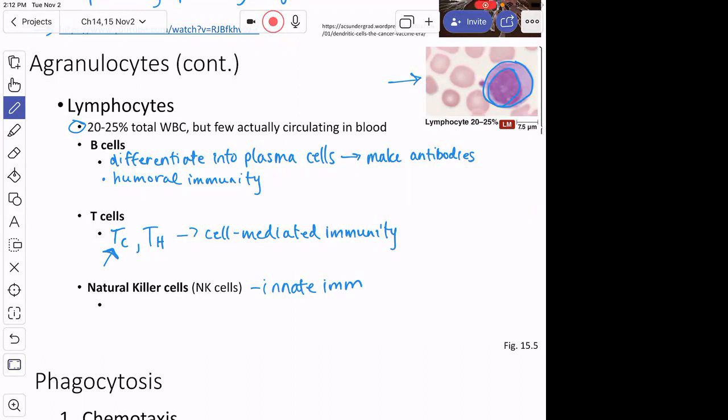But natural killer cells are going to act against virally infected cells. We originally called them natural killer cells because we didn't really understand the signals that they got to know that a cell was infected with a virus and that it was appropriate to try to kill it. It was just a little bit more complicated, and eventually we figured it out, but that's why they have that kind of strange name, natural killer.